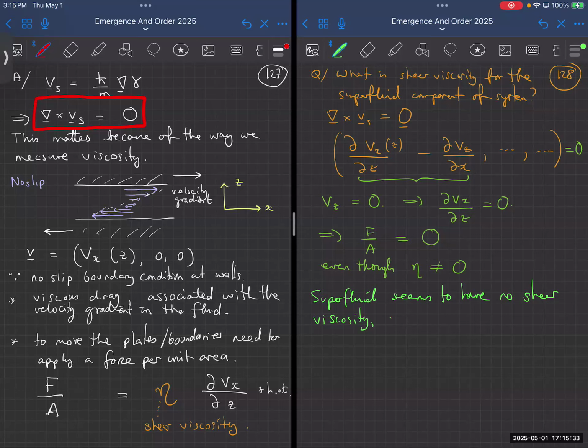And this is a consequence of the macroscopic occupation of the quantum state.